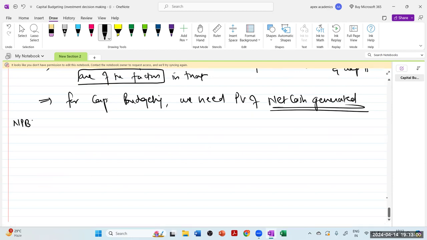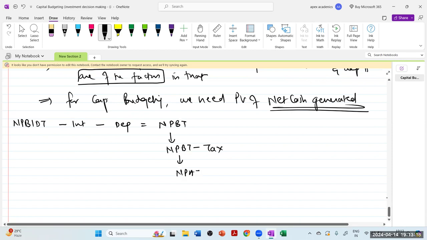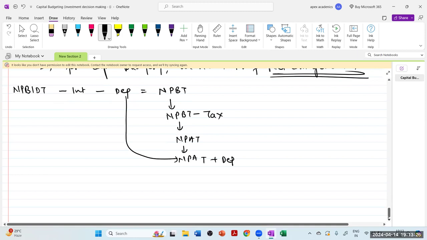Net profit before interest, depreciation, tax minus interest minus depreciation is equal to what? Net profit before tax. From net profit before tax, you will subtract tax. What will you get? You will get net profit after tax. To net profit after tax, you will add back what? The depreciation. What will you get? You will get cash generated.